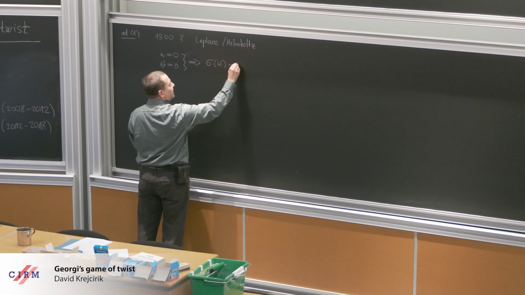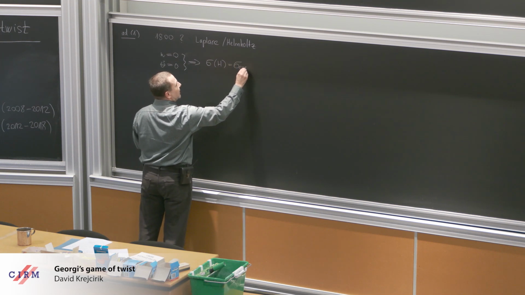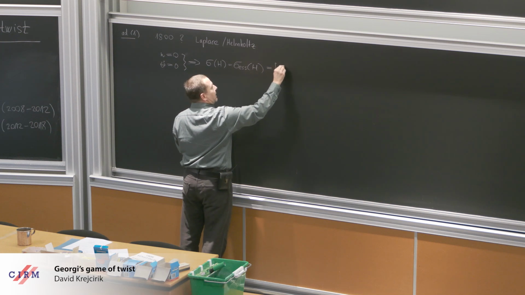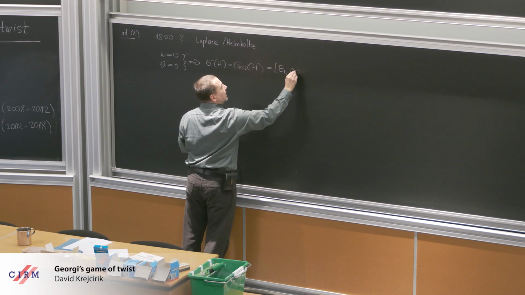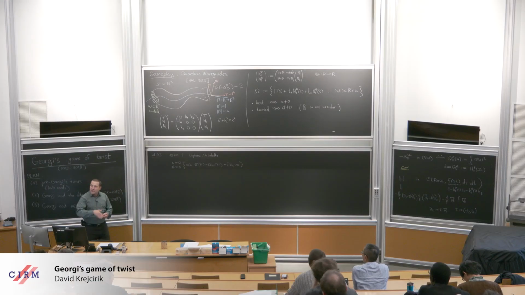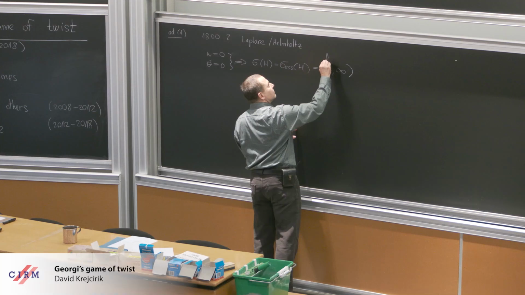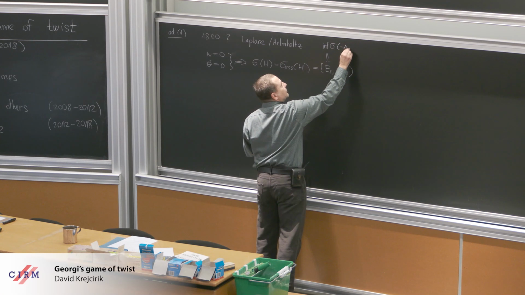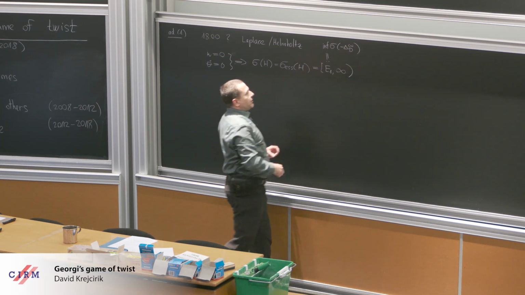So the spectrum is purely essential, and it is given by [E1, ∞). E1 is the first eigenvalue in the cross-section.